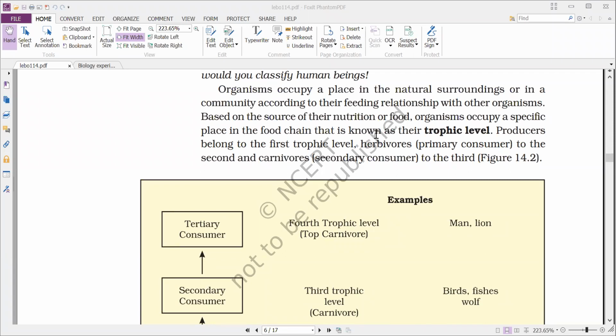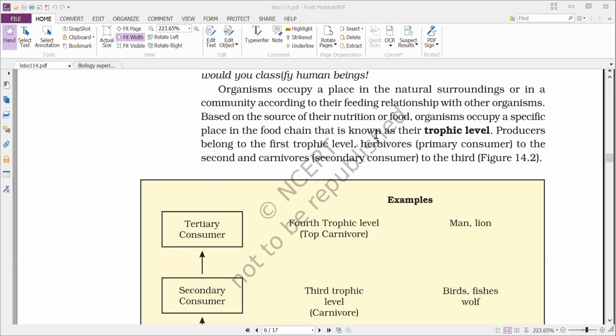Grasses will be there, herbs will be there, shrubs will be there, large trees will be there. All they are producers. All they fall into one trophic level, because they are all producers.